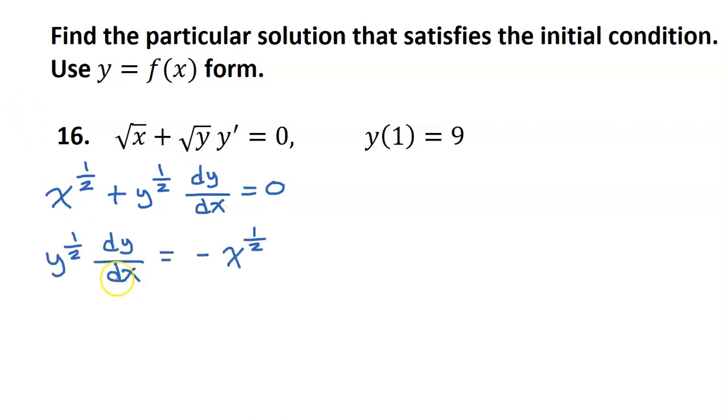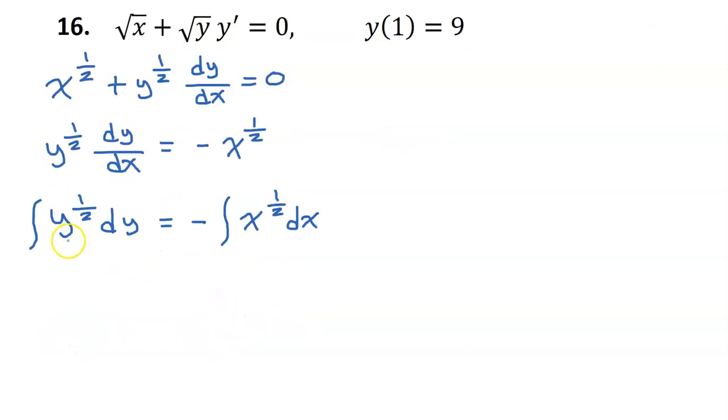Now let's multiply both sides by dx to get the dx over here on the right. Now that we have all of the y's on the left and the x's on the right, we can integrate both sides of the equation. To find the antiderivative of y to the 1/2 power, I will add 1 and I will get 3/2.